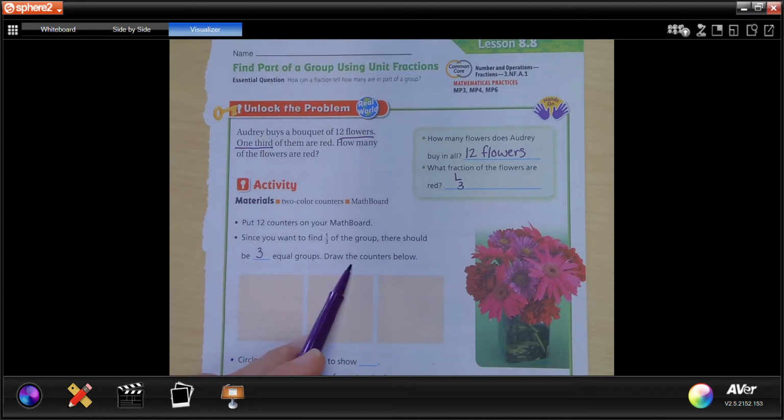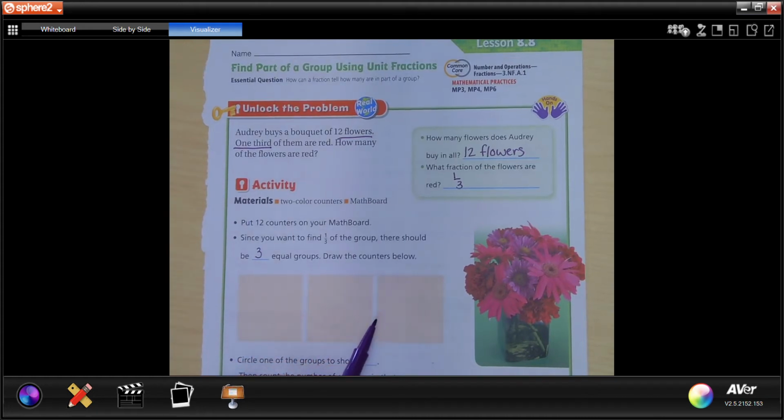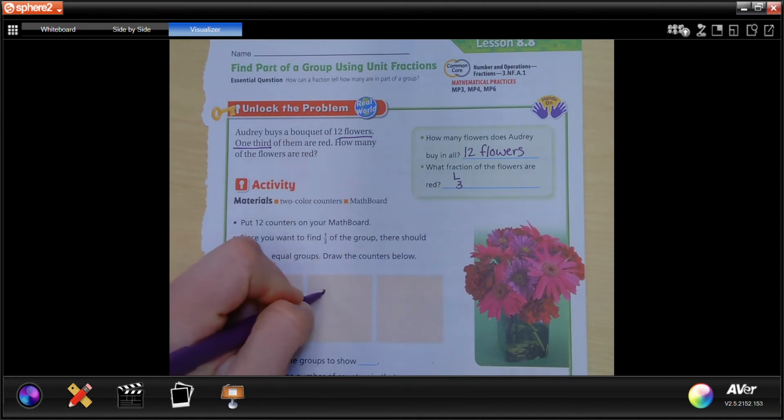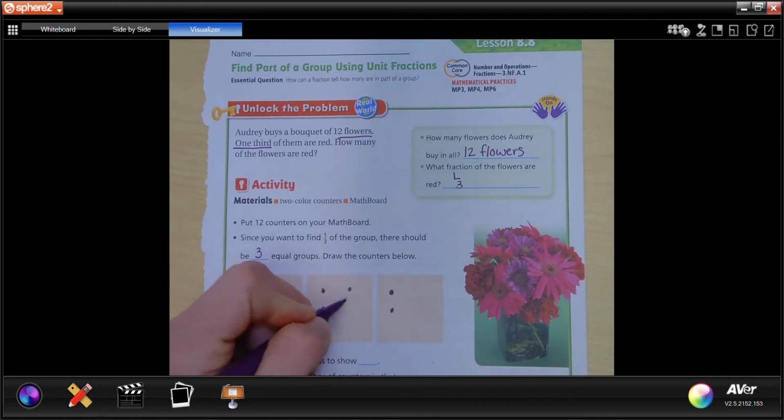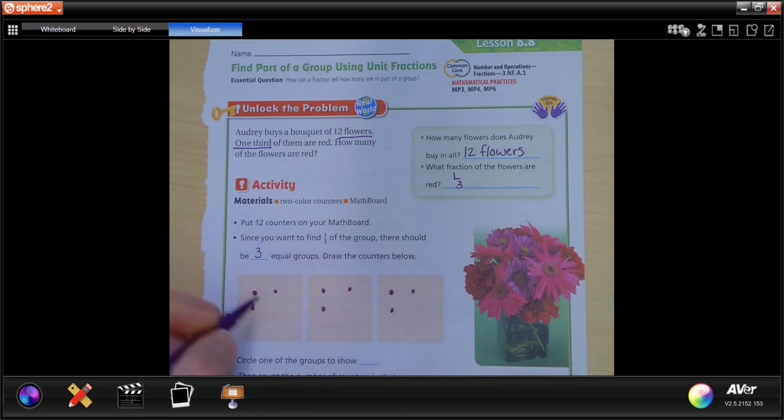Draw the counters below. Well, we know that there are 12. So 1, 2, 3, 4, 5, 6, 7, 8, 9, 10, 11, 12. We have drawn 12 counters equally into 3 groups.